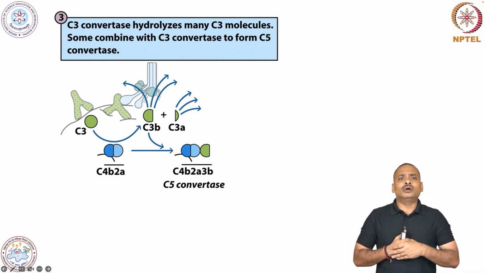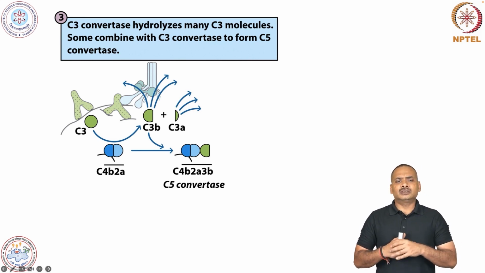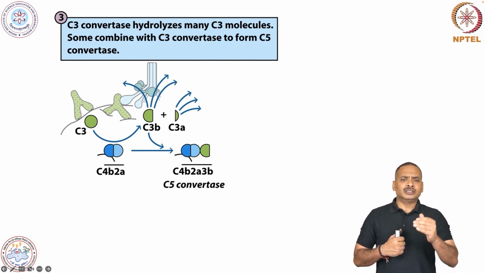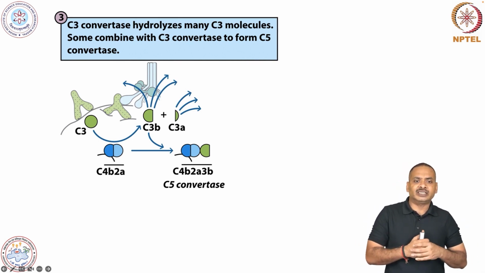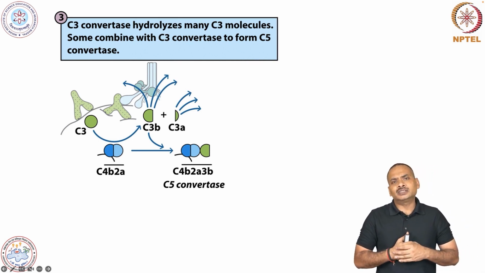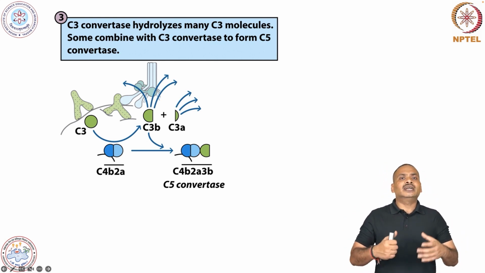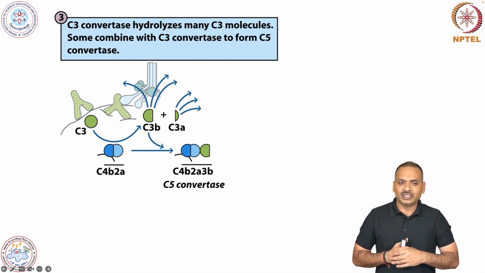Another thing is that it will also generate the C5 convertase. So C3B interacts with C4B2A, which already has enzymatic activity, and it acquires another enzymatic activity, that is, the activity for breaking C5. That enzyme is the C5 convertase.